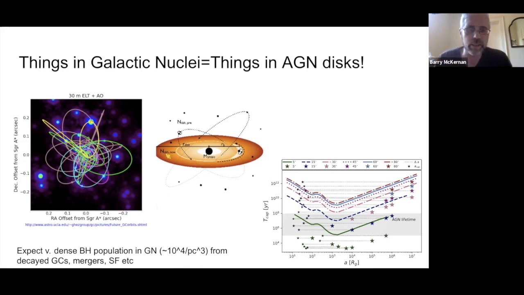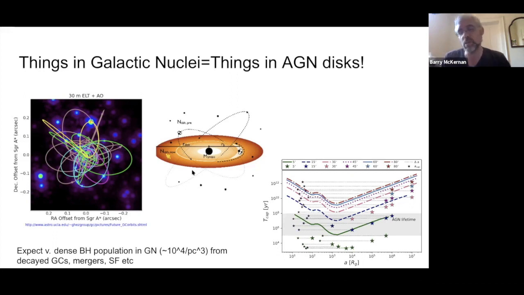Okay. So you can imagine that if a gas disk arrives in the galactic nucleus and you fit it on top of this, you'd imagine that some of these orbits are going to be coincident with the gas disk, and some of them are going to be inclined and punch through the gas disk.